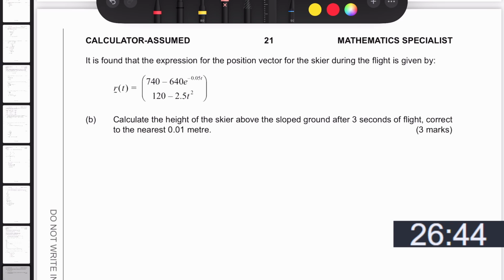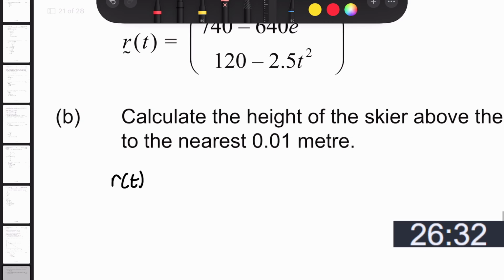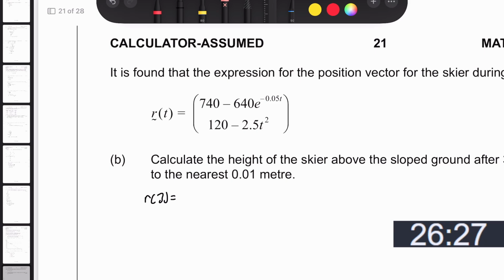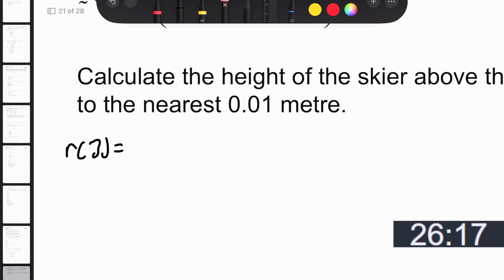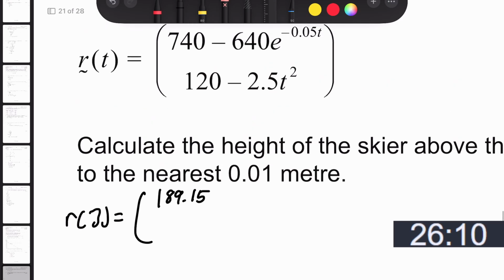Calculate the height of the skier above the slope at 3 seconds after flight, correct to the nearest point. Okay, so R of 3 is equal to 740 minus 640e^(negative 0.05 times 3), that's going to be 189.15.